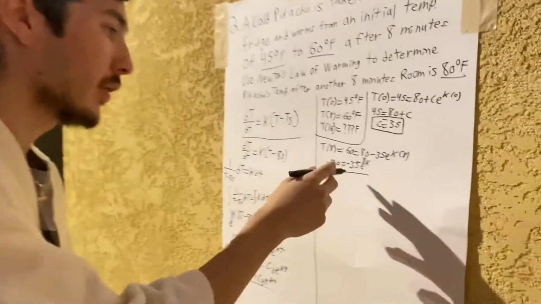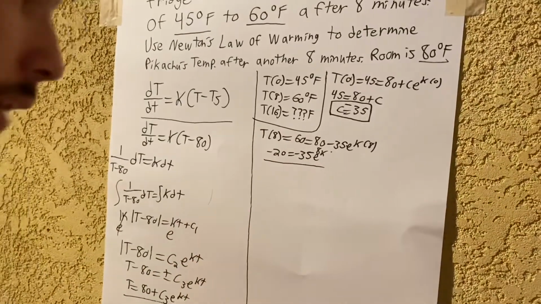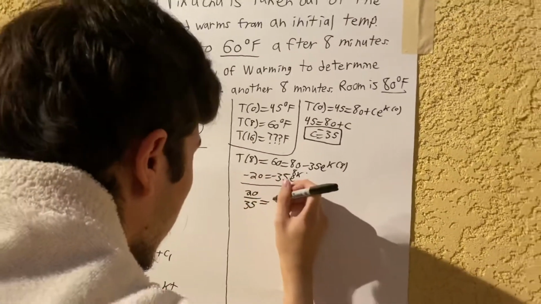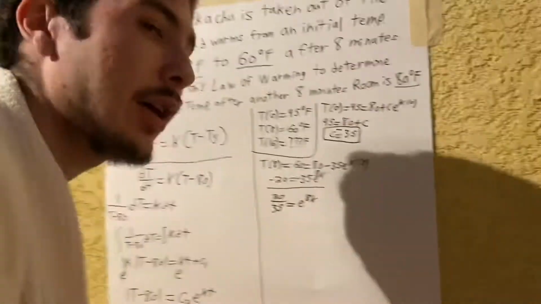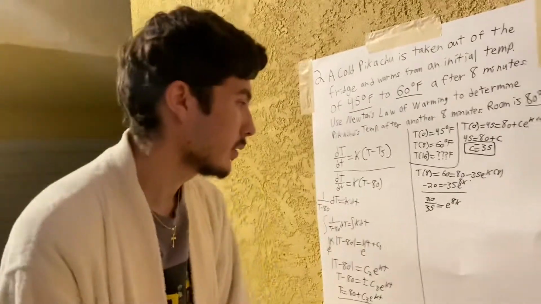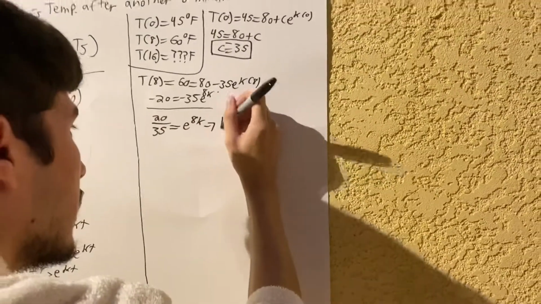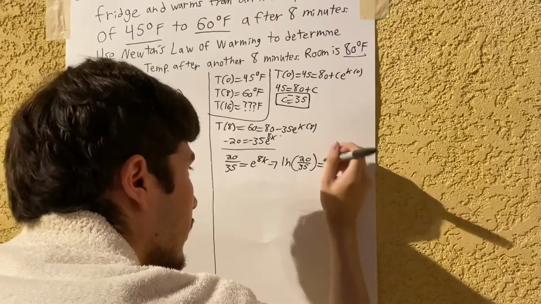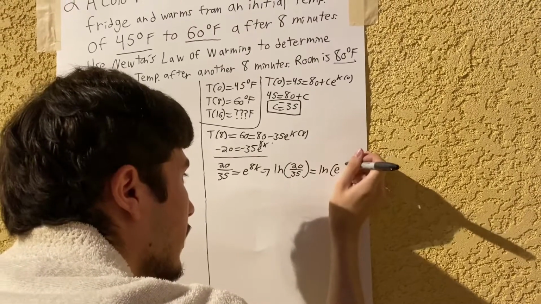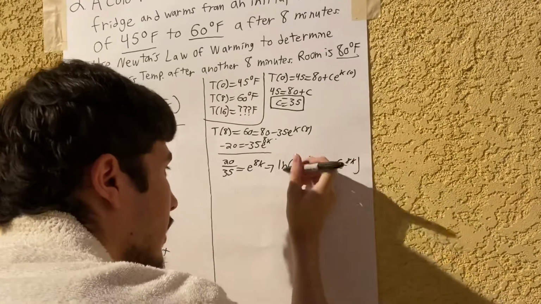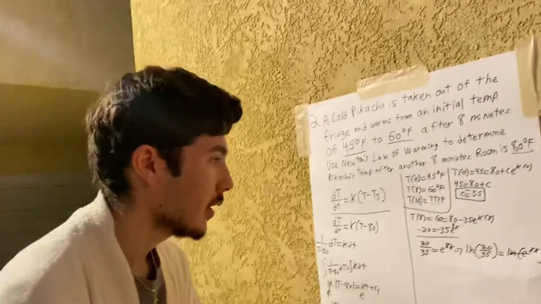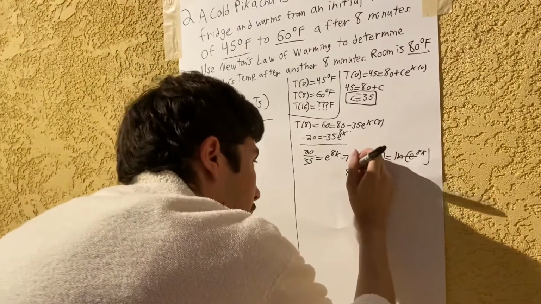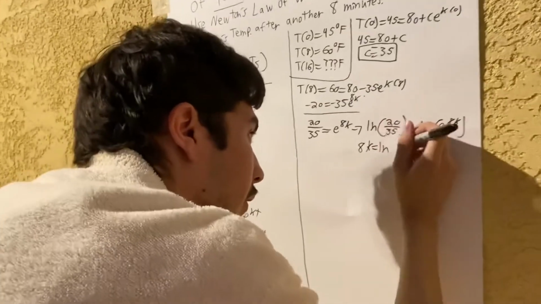So now I want to divide 35 on both sides, and the negatives are going to cancel out. That's equivalent to 20 over 35 equals e^(8k). And how do we get rid of e? ln. So that's going to be ln of 20 over 35 equals ln of e^(8k). The ln and e are going to cancel out, so you're left with 8k equals ln of 20 over 35.